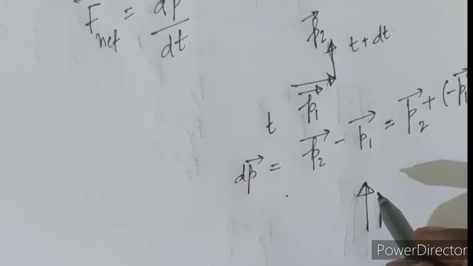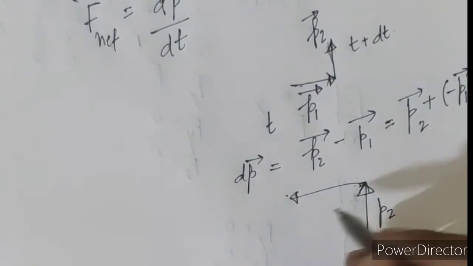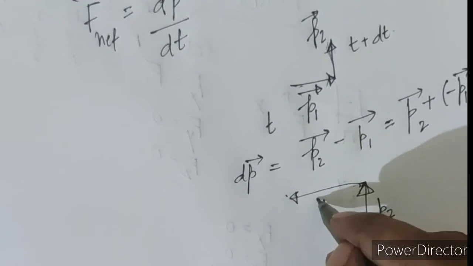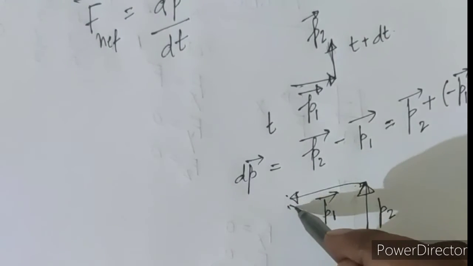Minus of p1 is the reverse of this, so it will be like this. So the force would be along this direction. This is the direction of force, and then we divide by the time it takes.